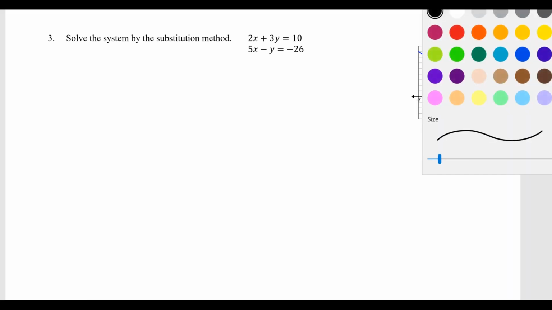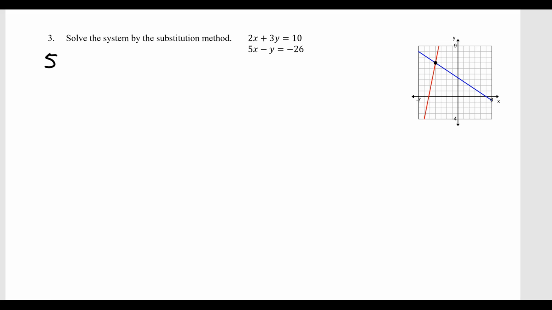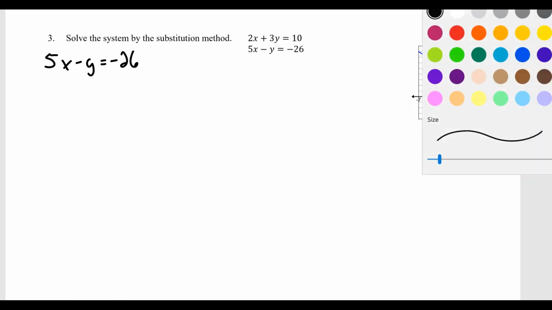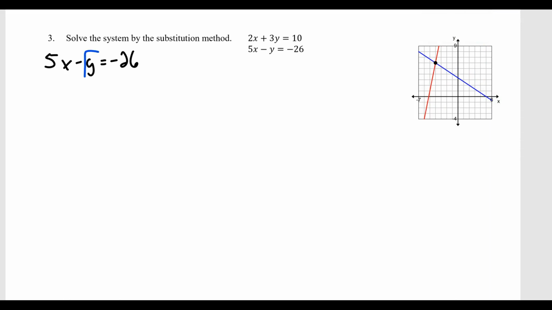So let's go ahead and write down 5x minus y is equal to negative 26. Now there's a couple of different ways you can solve this, but I want to solve this for my y. I want to isolate my y. So the first thing I'm going to do is subtract 5x from both sides.